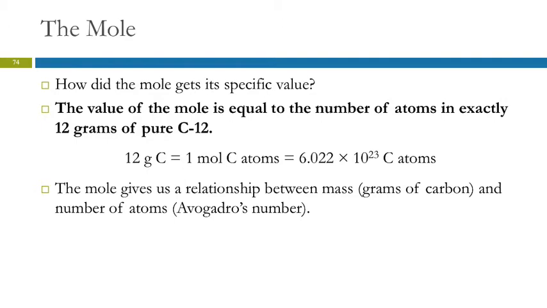The mole is the number of atoms in 12 grams of carbon-12. This gives us a very nice relationship between grams, numbers of atoms, and also atomic mass units. I'm getting ahead of myself. So 12 grams of carbon is 1 mole of carbon atoms, which is Avogadro's number of carbon atoms.